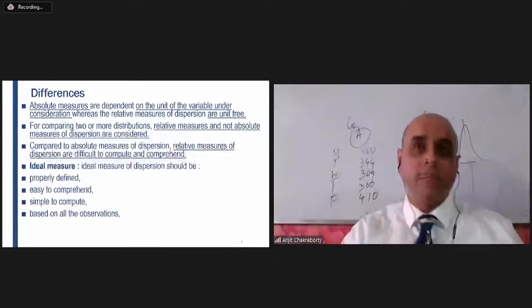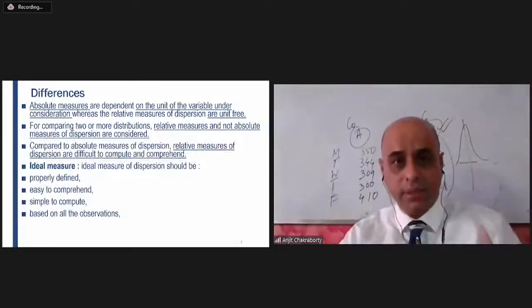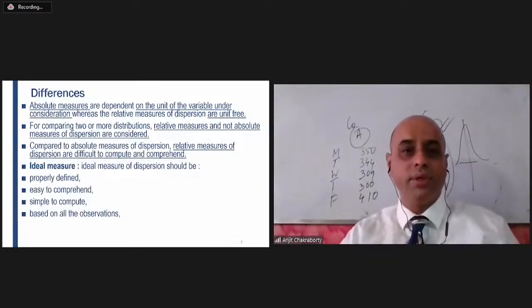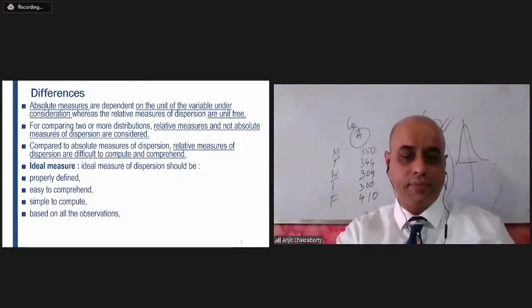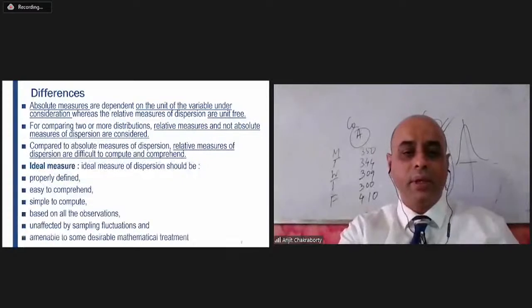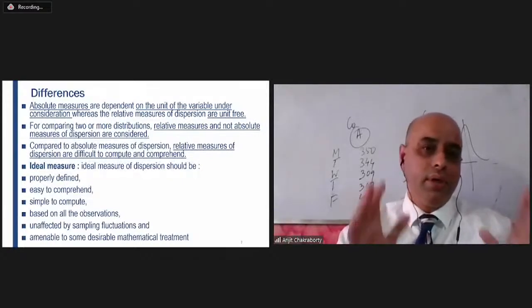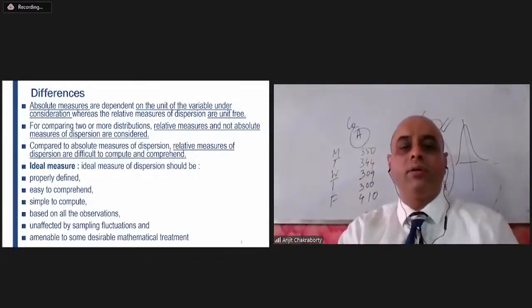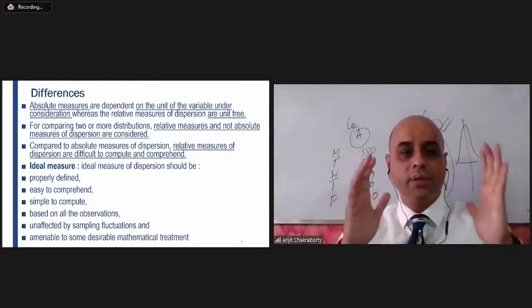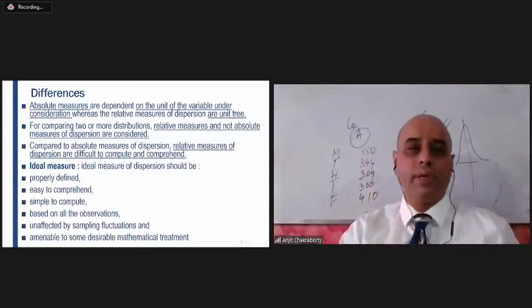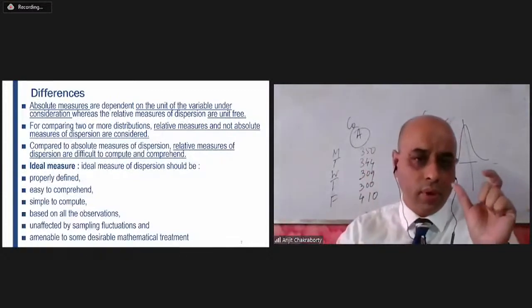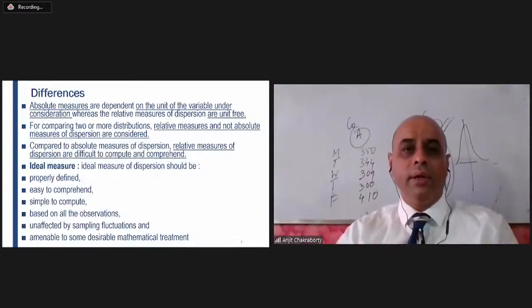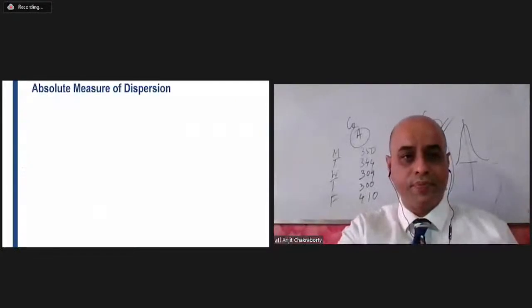Of course, in case of range, it depends on the highest and the lowest, but in case of standard deviation, we shall consider all the observations. And last but not the least, it should be possible to carry out mathematical treatment. So these are the ideal properties which should be there in any quantity by which we find out the amount of dispersion.